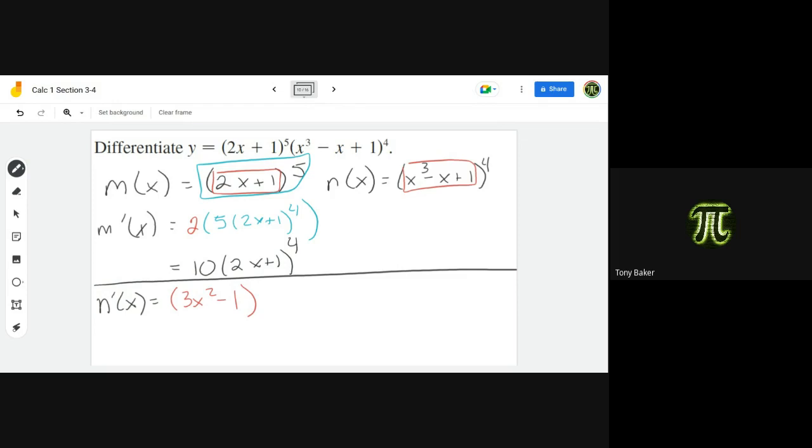We did not look outside. So that 4th does not exist in that piece that I'm doing right there. Now we're going to look at the big piece. So now I bring down my 4, times x to the 3rd minus x plus 1 to the 3rd power. And in that case, you actually can leave that as is, or just put the 4 in front.